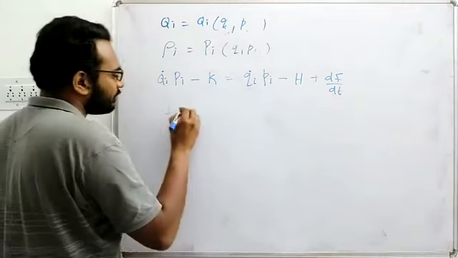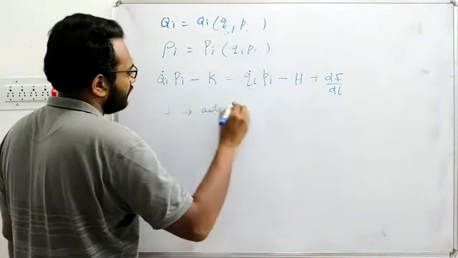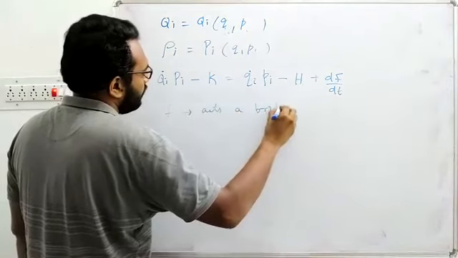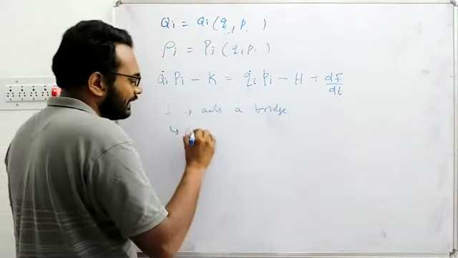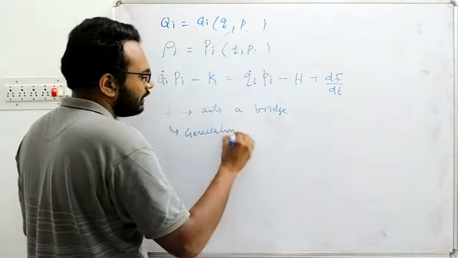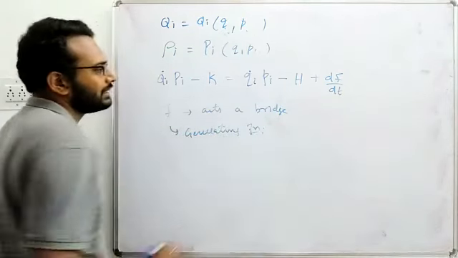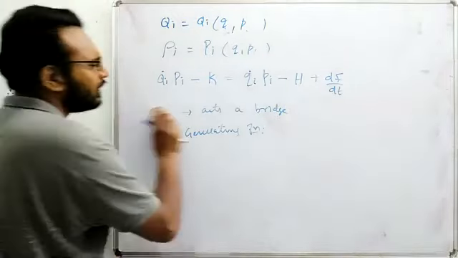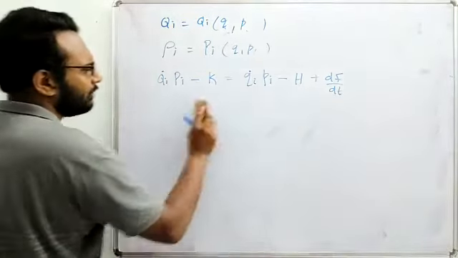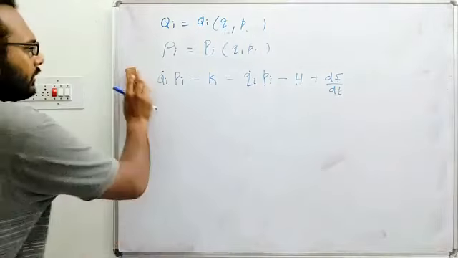Then f acts as a bridge between the old and new coordinates, and we call it the generating function. I hope this is clear. This is all a bit abstract, but we'll see nice examples and then things will be clear.